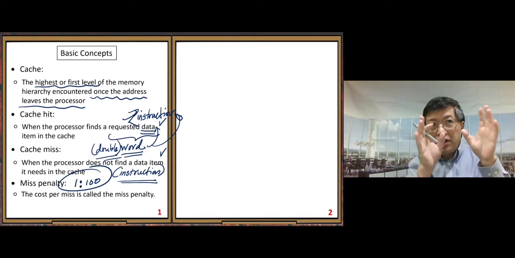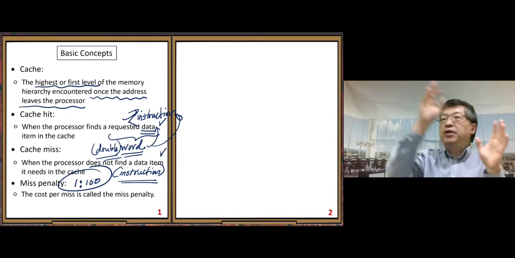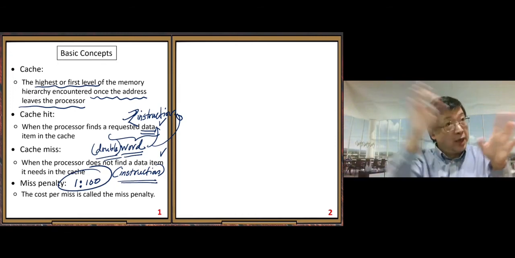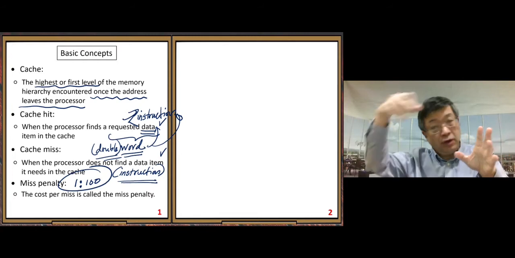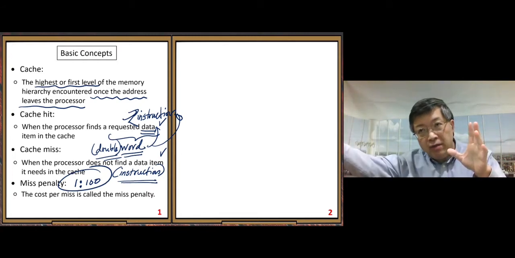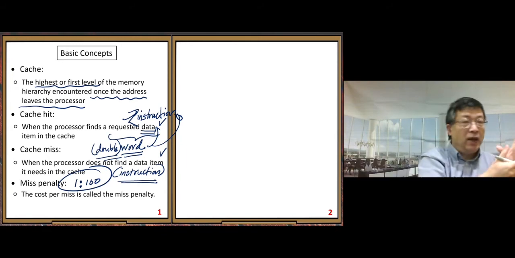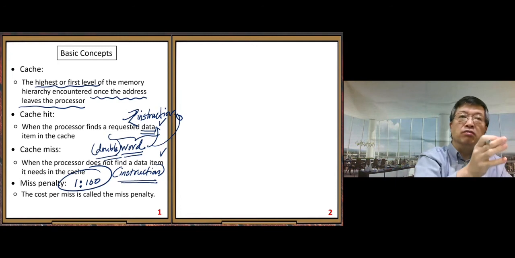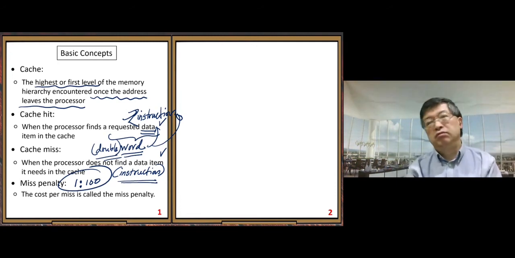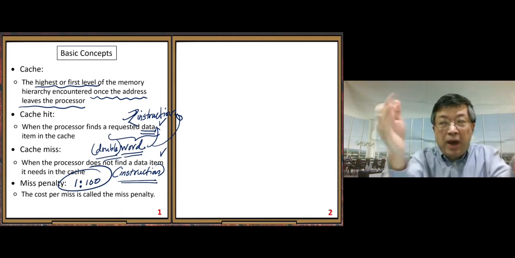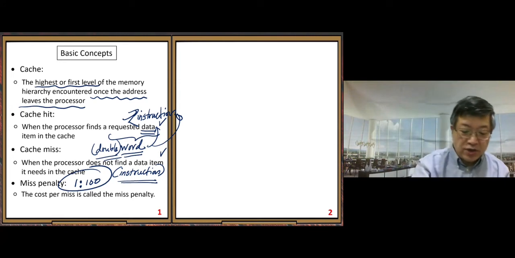If you have to go back to the main memory, then you have to pay 100 clock cycles for that whole trip: go back to main memory, find the data, and load it back into cache. So you can see the difference. That's the reason we call it the cache penalty. In this situation, this number, 100, is the miss penalty.